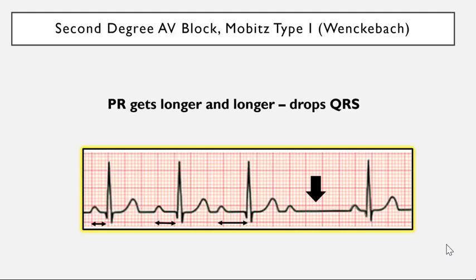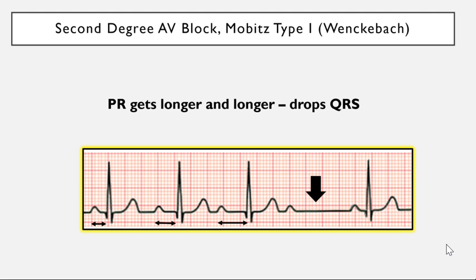Now, this can progress to a second degree AV block, where the same is true, the PR just gets longer and longer. You can see the PR segment is super short, almost normal, probably normal, right?